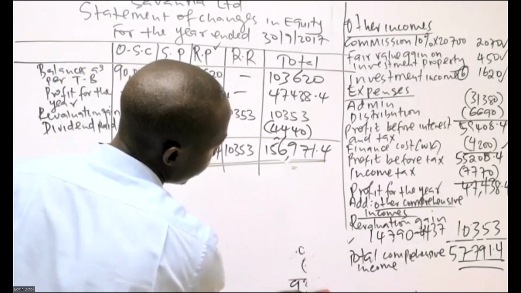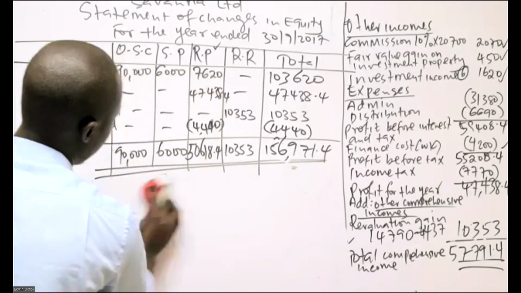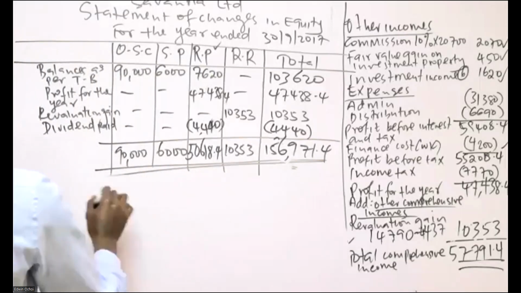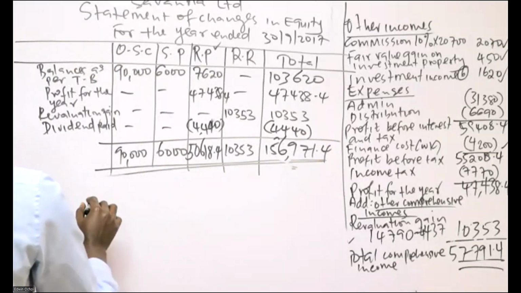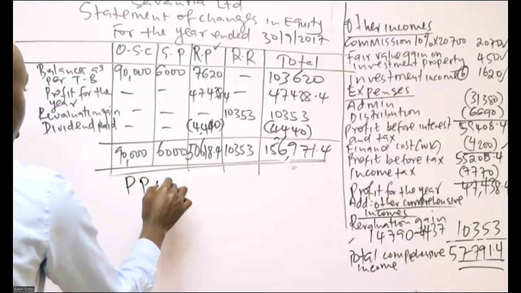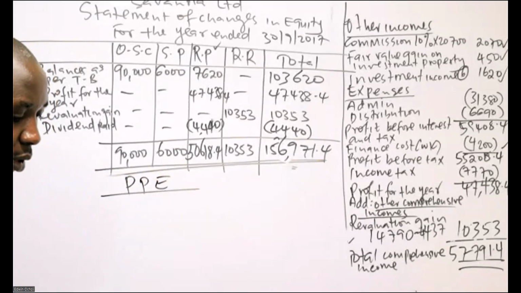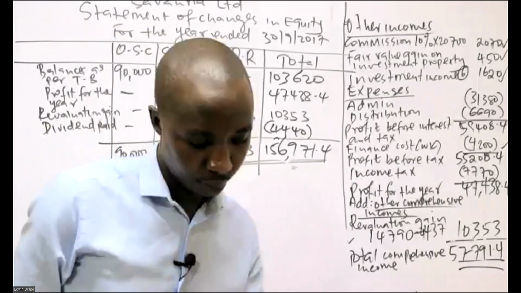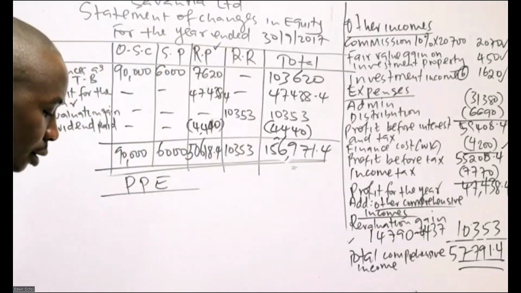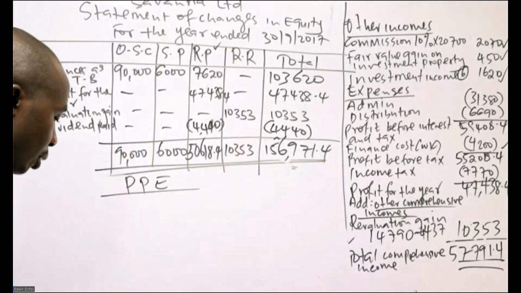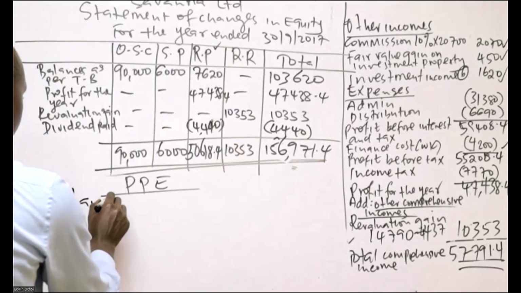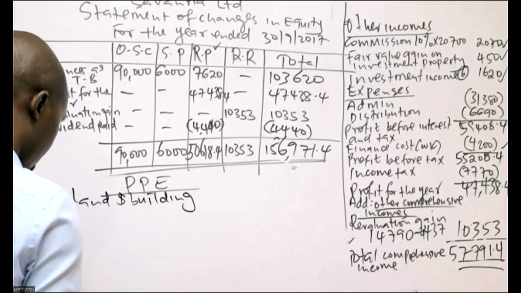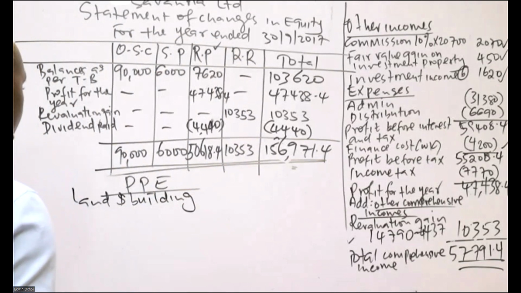Let's do the last statement. So for us to do the statement of financial position, we have to do the property, plant and equipment. So land and buildings.